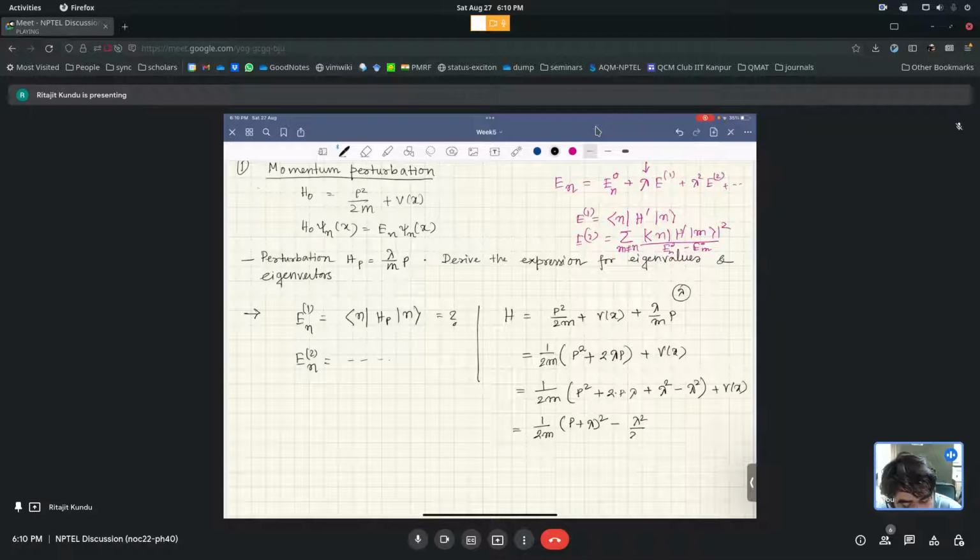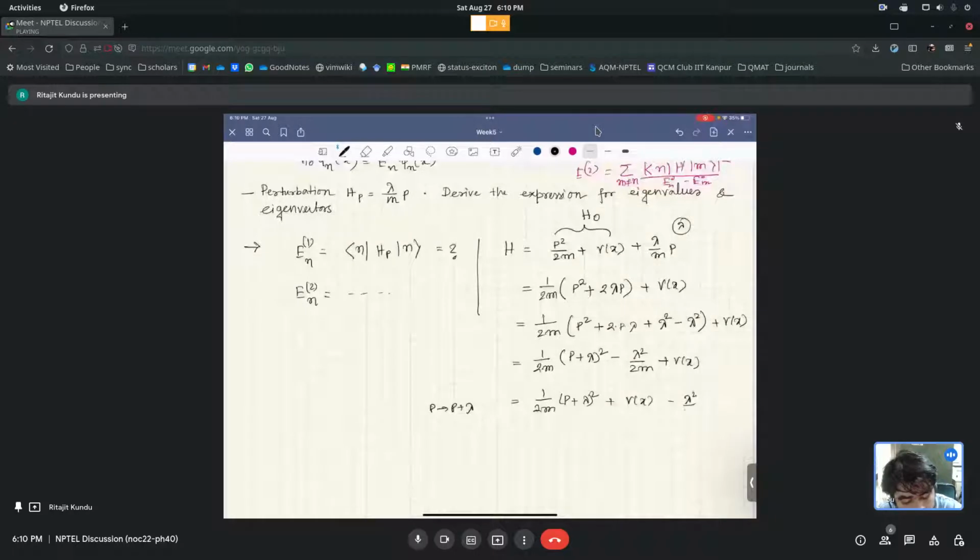Now you see that this whole Hamiltonian after completing the square looks very similar to the H naught we started with. H naught was only this part, but now in the modified Hamiltonian, this p is just replaced by p plus lambda. And there is obviously one constant shift term.